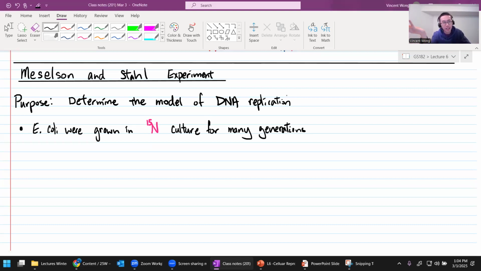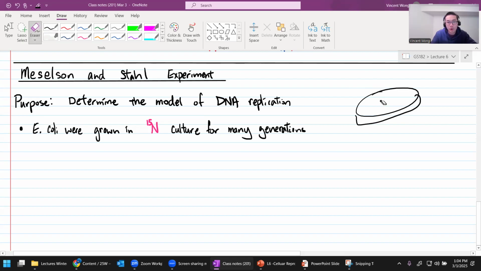Anyways, 14 is the normal one. If you look it up on the periodic table, it's 14. So these are 15, which is heavier. They're not radioactive, but they're heavier. And a culture, if you don't know, is basically like a dish with nutrients and everything that a bacteria needs to grow.